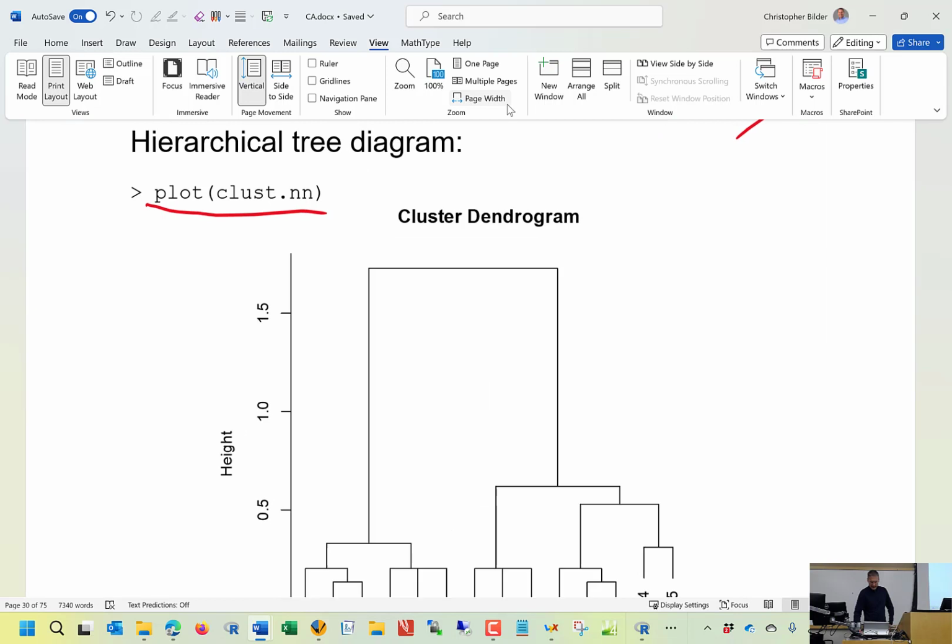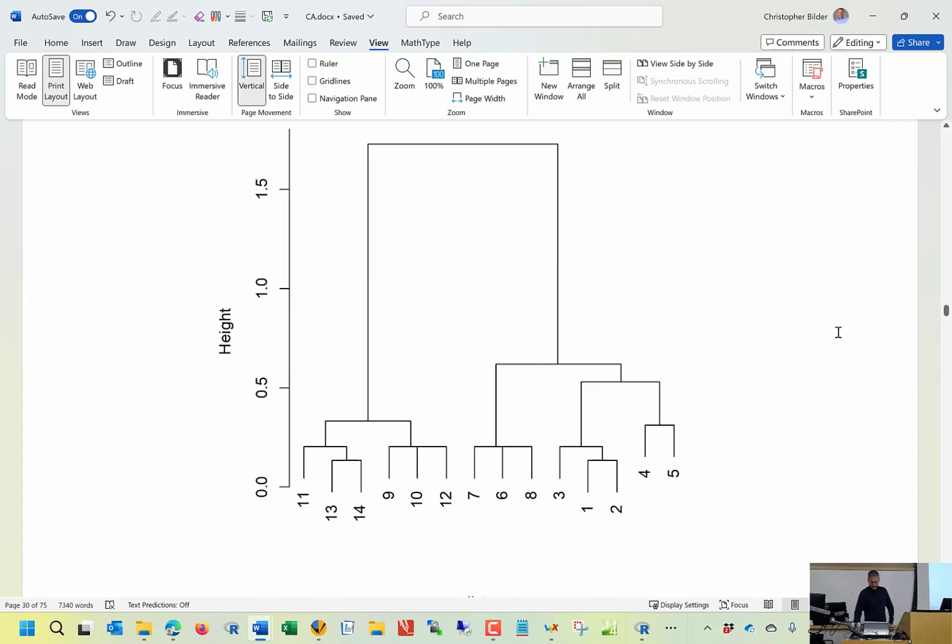Let me make this a little bit bigger. And so on the y-axis, R calls it height. This is what I was referring to before as distance. On the x-axis, we have the observation number. And so remember what was joined together first, 13 and 14.